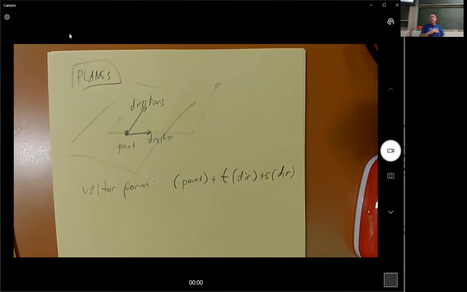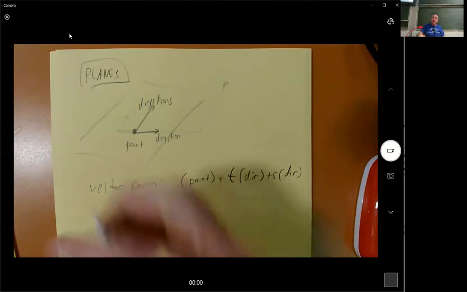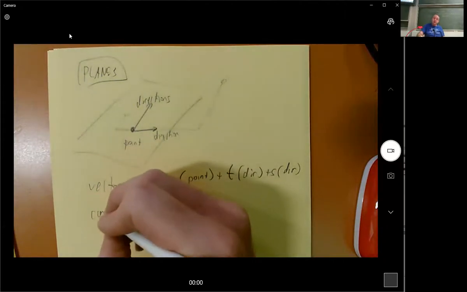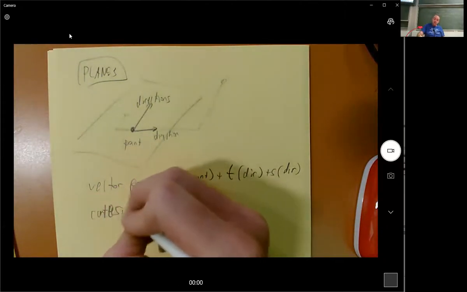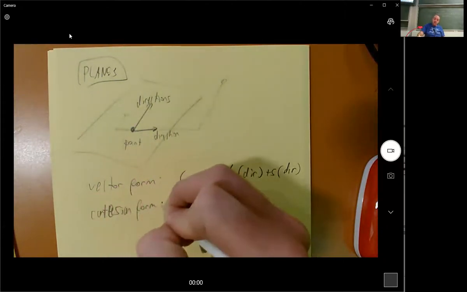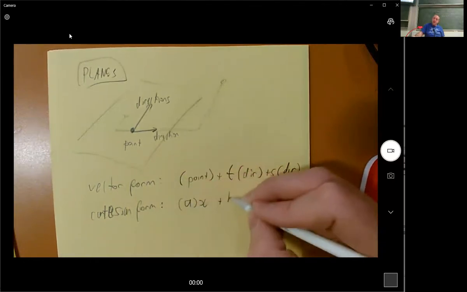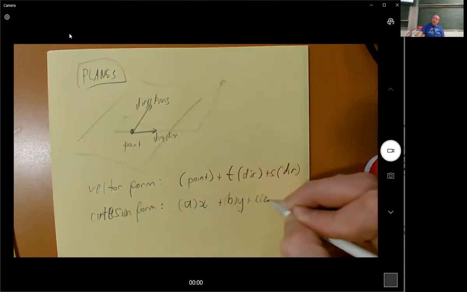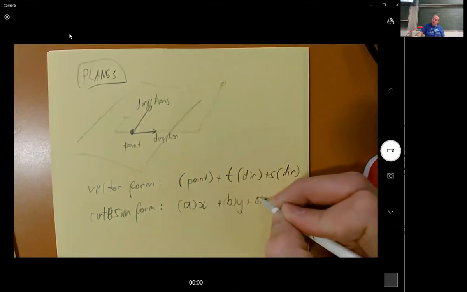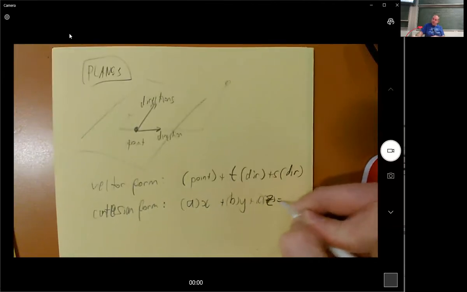In 3D, you only need one equation to tell you where a plane is. This is the vector form, but there should be a Cartesian form as well. And the Cartesian form will look like this: ax + by + cz = d.